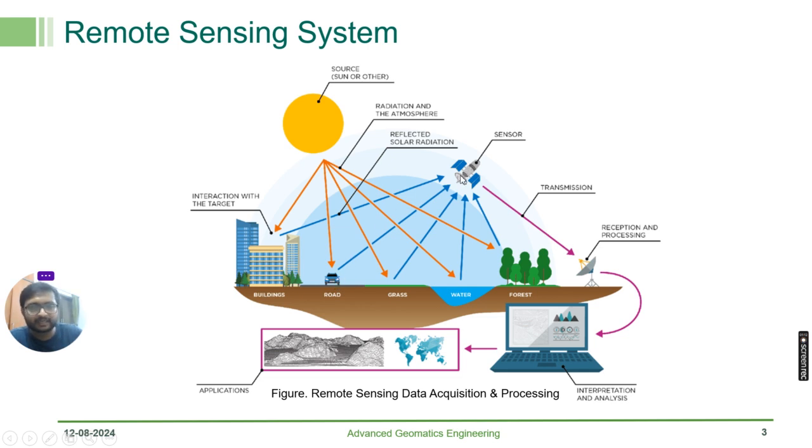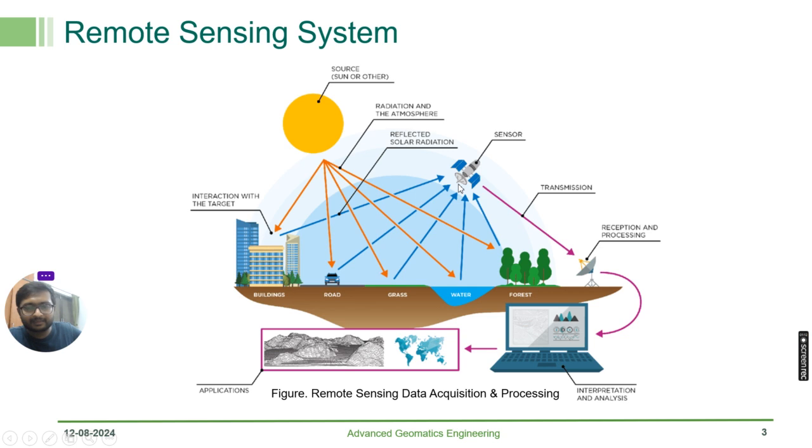The satellite is measuring the energy reflected from the object, and that energy is coming from the sun. So here we do not have our own energy source. We are using the energy from the sun. That's why it is known as passive, because we are depending on someone else for the source of energy. So it's the passive mode.